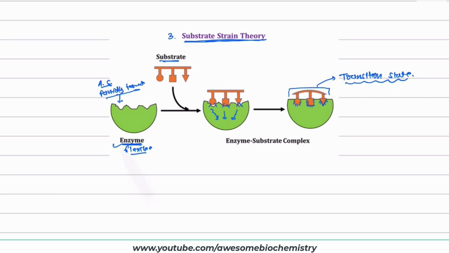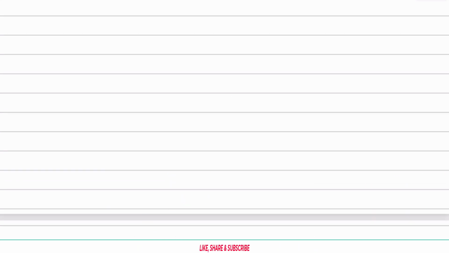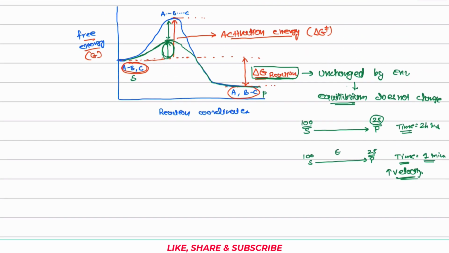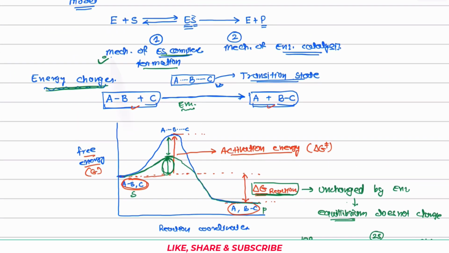See, here the enzyme is flexible, so the good point is it can explain allosteric modulators. And as the shape of the substrate is also being changed, we can say that this theory can explain the transition state of the substrate. So this completes our understanding of the first mechanism, that is, the mechanism of enzyme substrate complex formation.